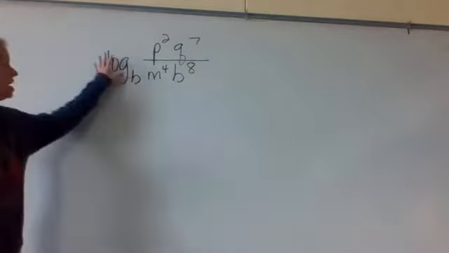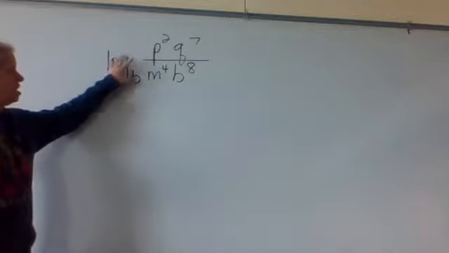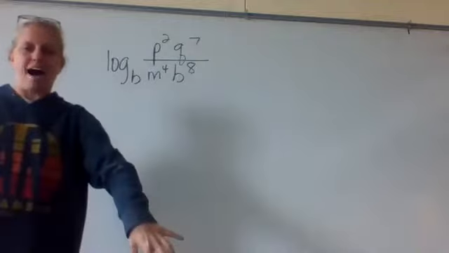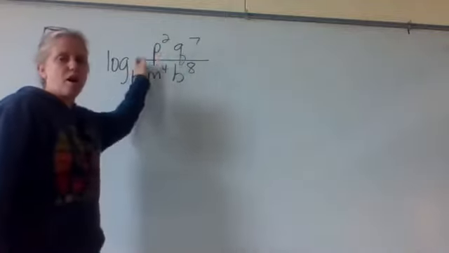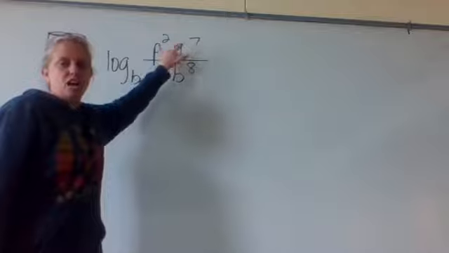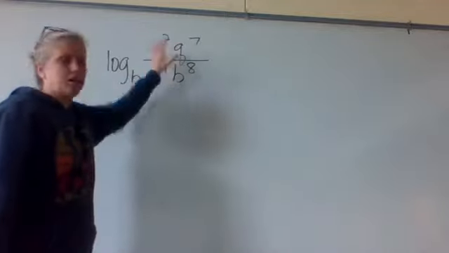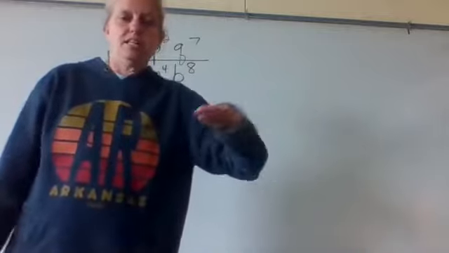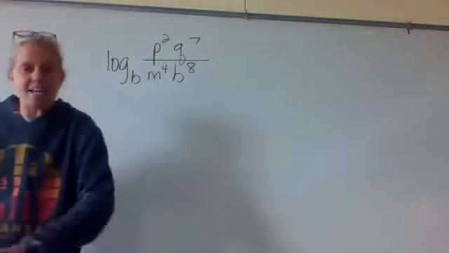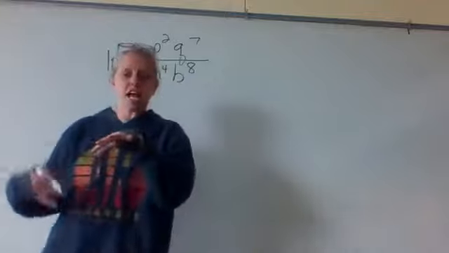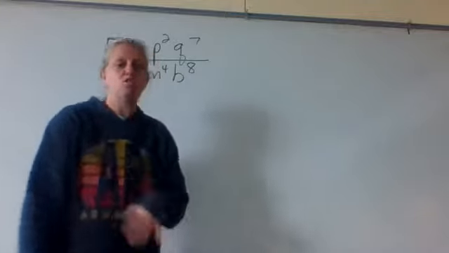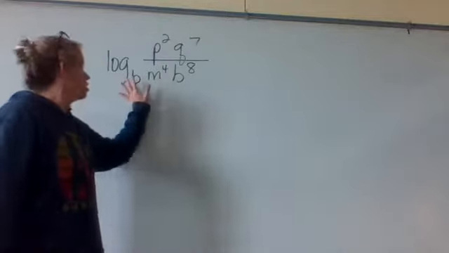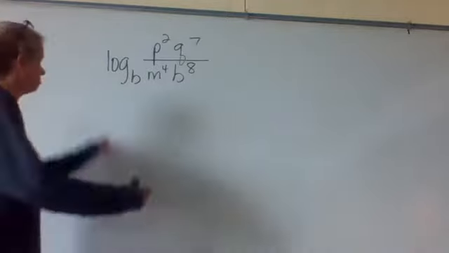So remember, if you have a fraction here, that means the bottom numbers are what are being divided by. The top numbers are what are being multiplied. So the top are going to be changed into sums. They're going to be the added ones. Since the denominator means divided by, division changed to difference or subtraction. So these are going to be subtracted. They're all going to be log base b's.